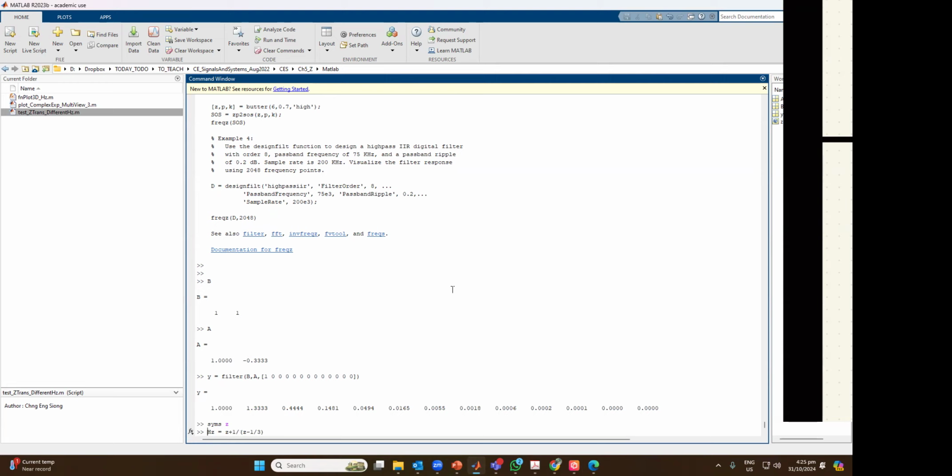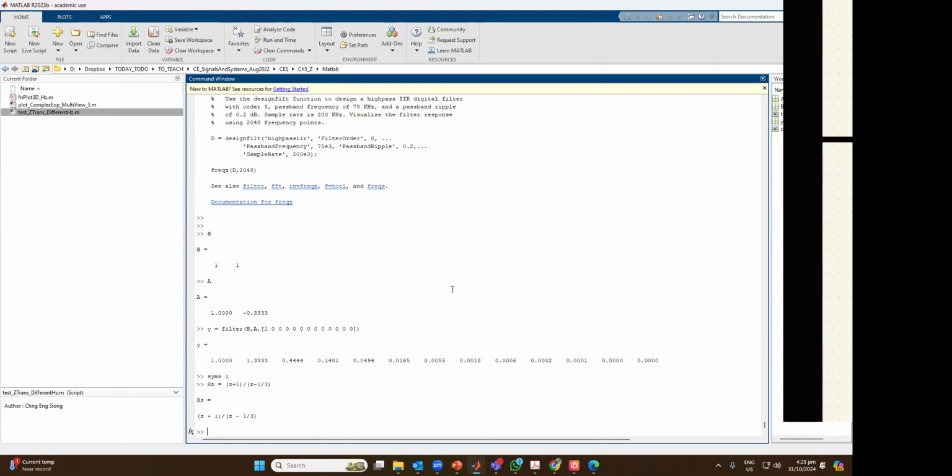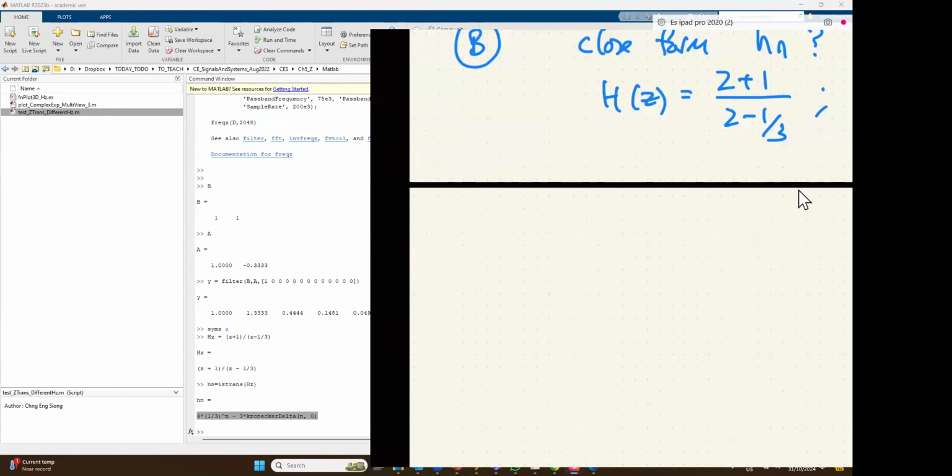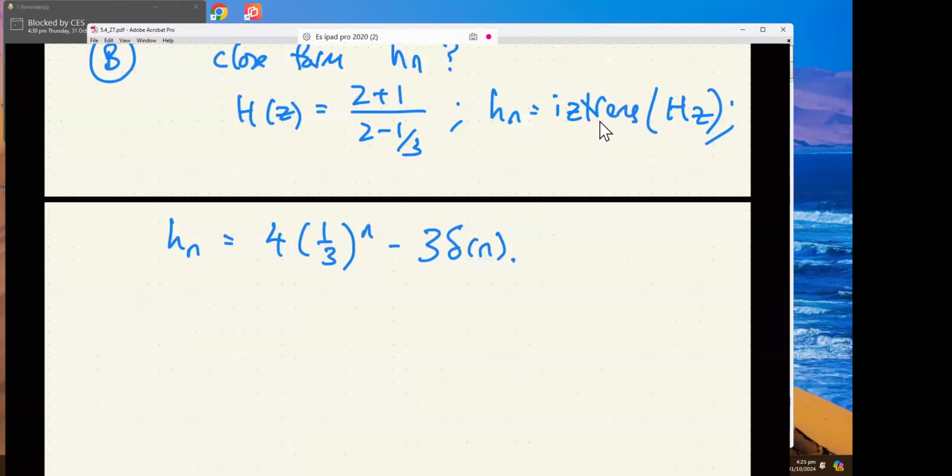Actually, it doesn't matter whether I'm doing it in positive powers of z or negative powers of z. h[n] equals the inverse Z transform of H of z. The answer is this, and I'm going to copy the answer for you now. It says h[n] equals 4 times (1/3) to the power n minus 3 delta[n]. Okay, so this is the answer using the Z transform in MATLAB.